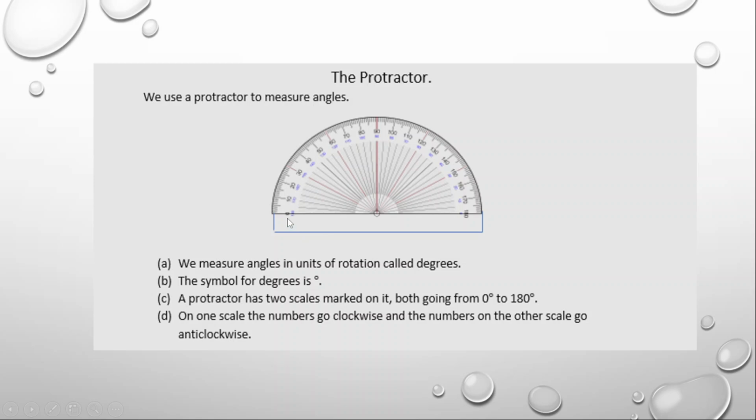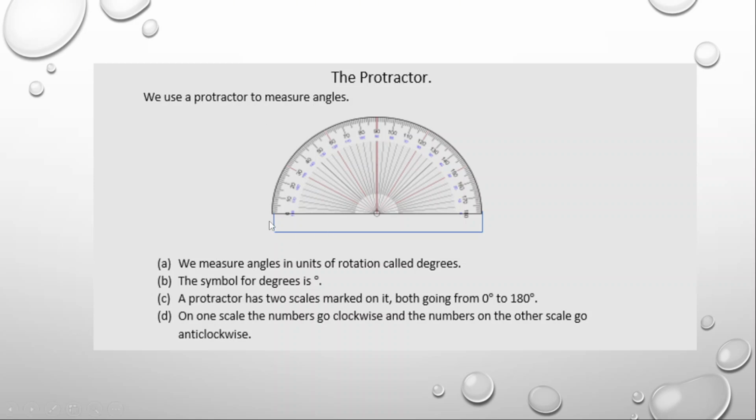It is actually marked in multiples of 10, naught, 10, 20, but we have a little one there for 5, and the small ones are units, 1, 2, 3, 4, 5, 6, 7, 8, 9, and 10. So I'll just repeat. On one scale over here, the numbers go clockwise. On the other scale, the inner scale, we can say, it goes anti-clockwise.